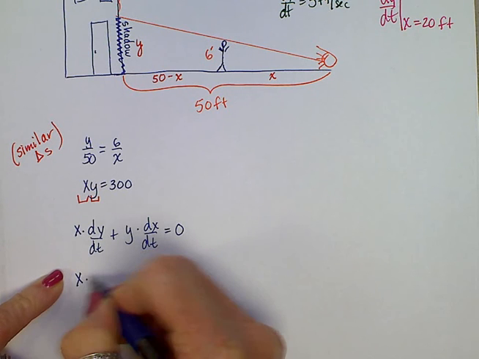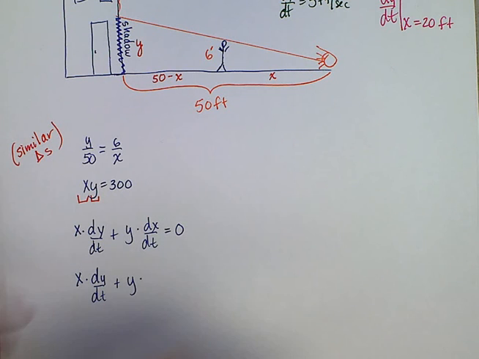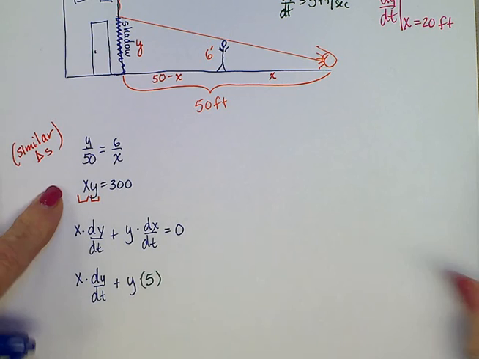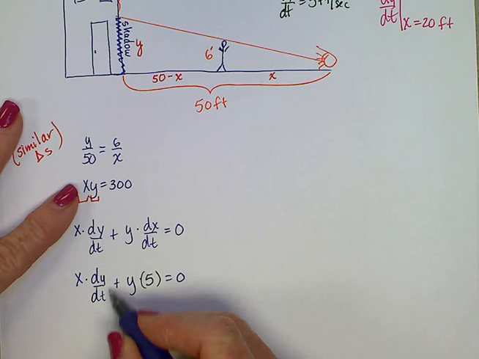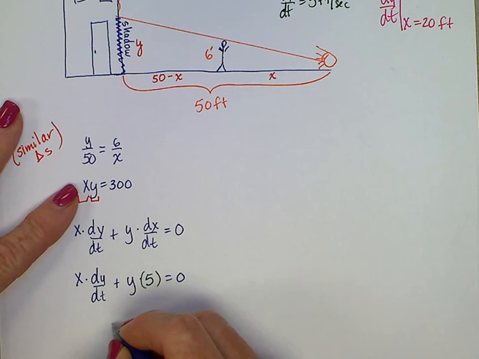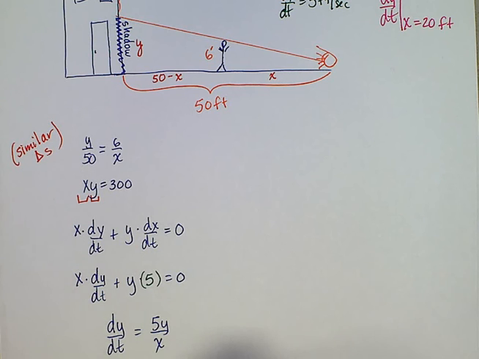So we have x times dy dt plus y times 5. It's all still equal to 0. And solving here then for dy dt, let's pull this 5y to the other side and divide out that x. So we have dy dt is negative 5y over x.